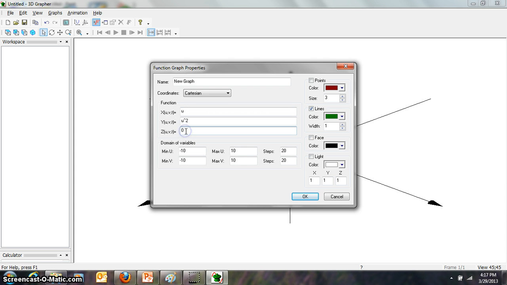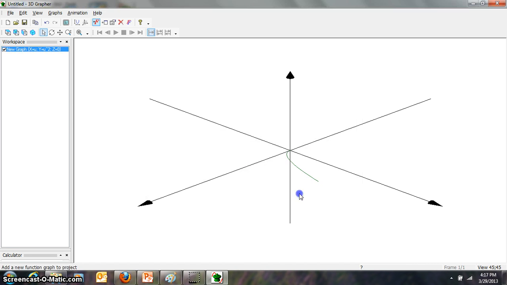This here will stay 0 if you want, or you can have v or t to do other things, but for right now we're going to keep it 0. For the domain of the variables, we can have negative 10 to 10, but since we know the domain of x is 0 to 2, we're going to keep it like that. And now you have a function.